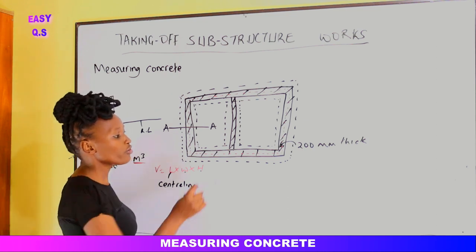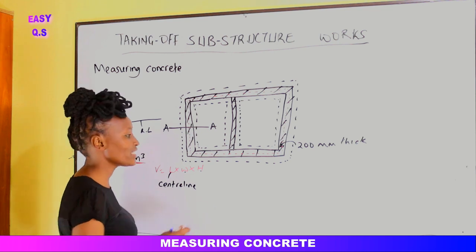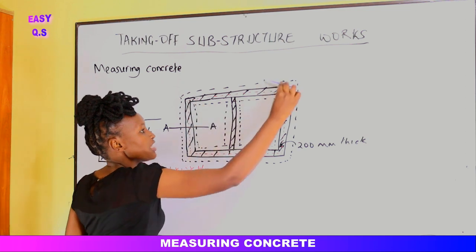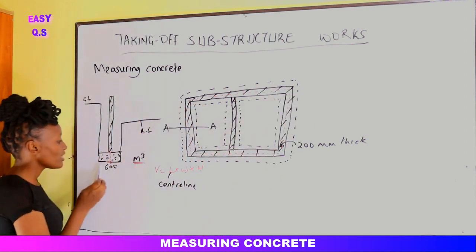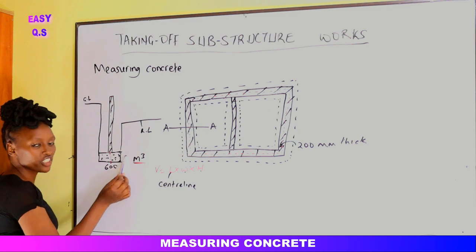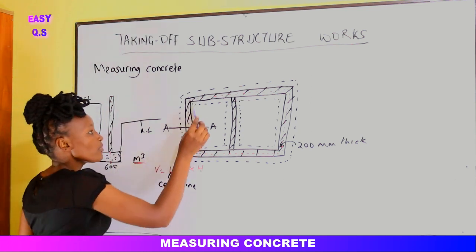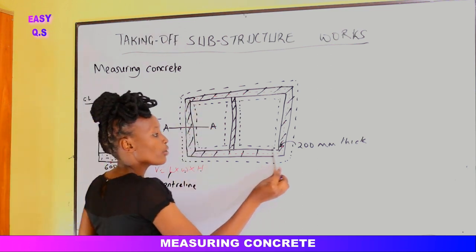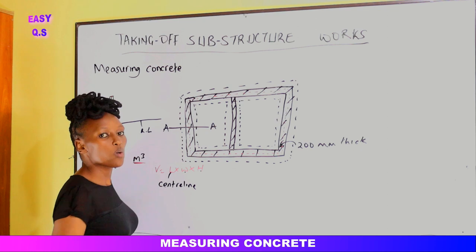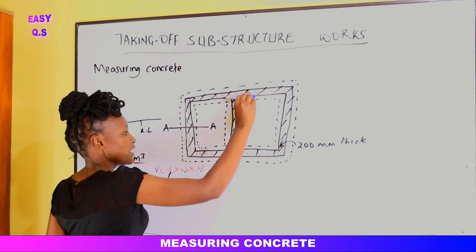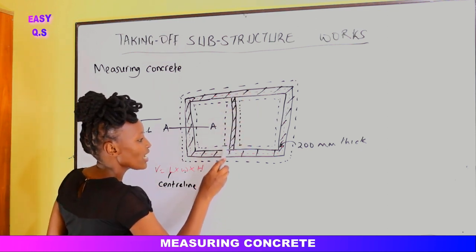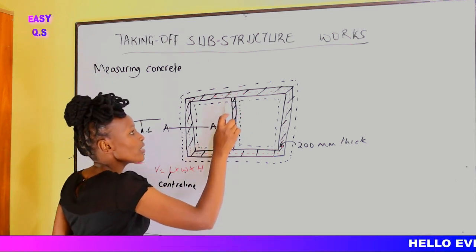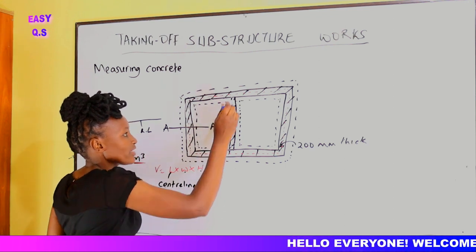To find the volume of the concrete in this wall, we shall take the center line of this trench. You see, we have already done concrete in the whole trench. Because if you check, the concrete occupies the whole trench, the whole width of the trench. So from the broken line to the broken line outside, here we have concrete. Everywhere we have concrete. So what is the area that is remaining from here to here? You see, the concrete has come already from here to here. That one we have accounted for. So the remaining concrete is from here up to here, this length here.